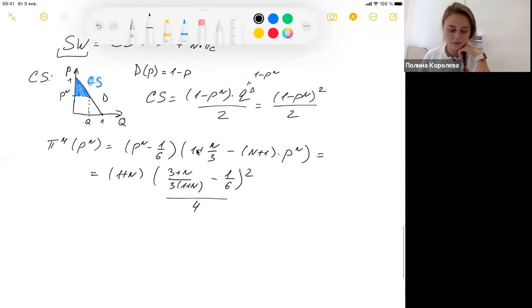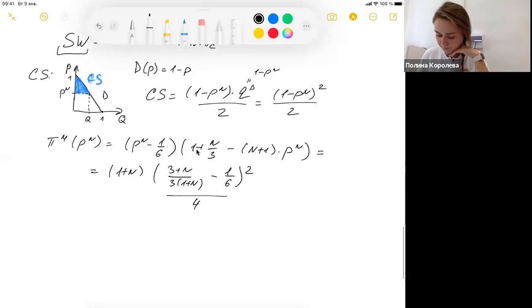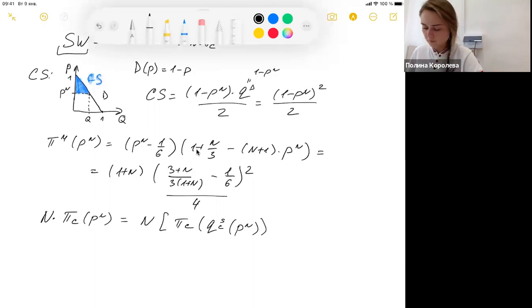Total competitive firms' net profit. So this is n multiplied by the profit of a competitive firm, as a function of price. It depends on the supply of a competitive firm: price minus entry fee.